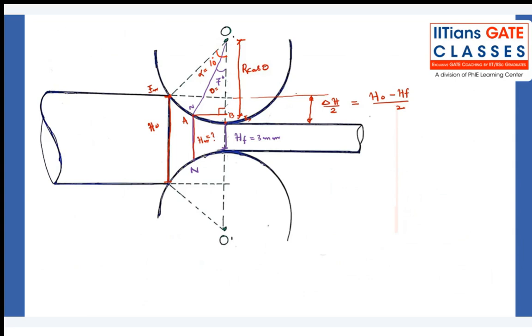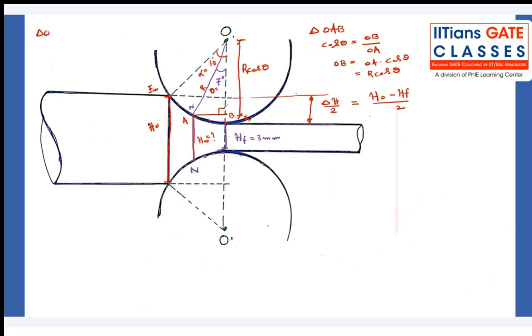So OB is equal to R cos theta. Cos theta is equal to OB by OA, so OB is equal to OA into cos theta. OA is the radius, so I can write it as R cos theta.